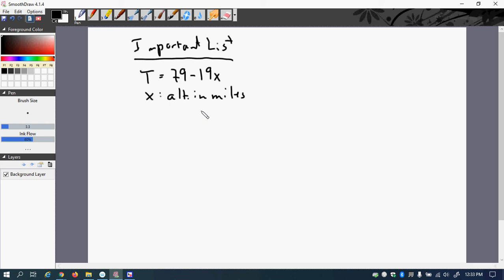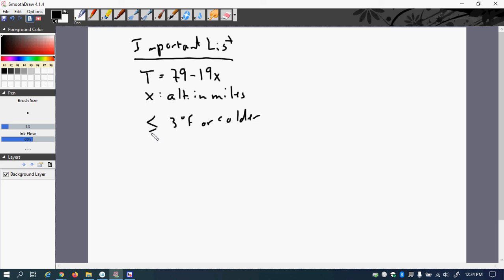Okay, and it said such that clouds form only where the temperature is 3 degrees or colder. So this tells me my inequality. It sounds to me like it's basically 3 degrees and smaller. So it looks like it'll probably be this inequality right here, less than or equal to.